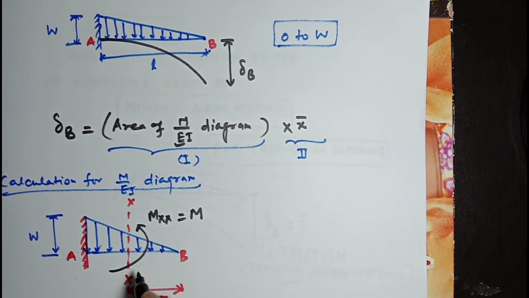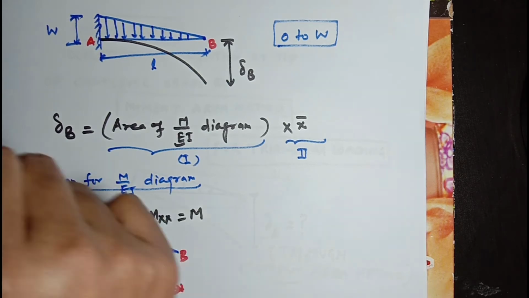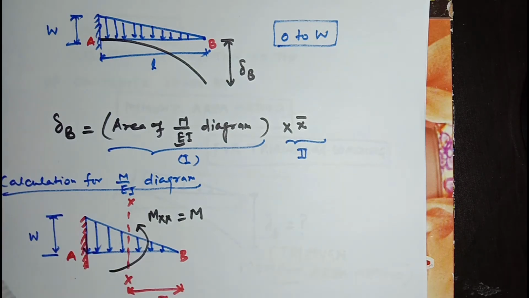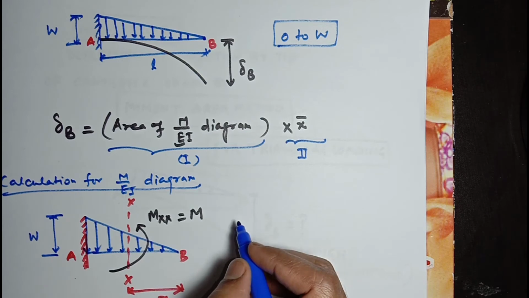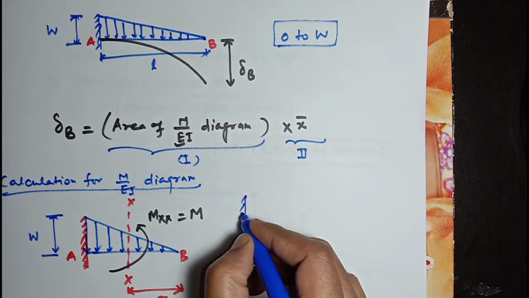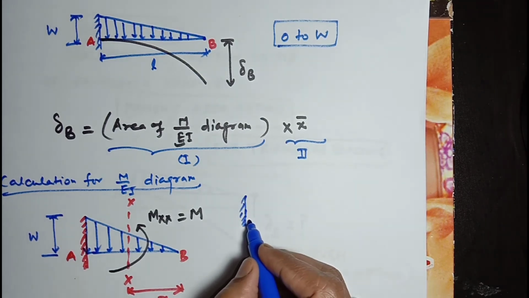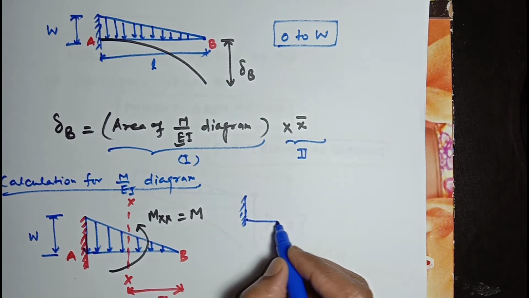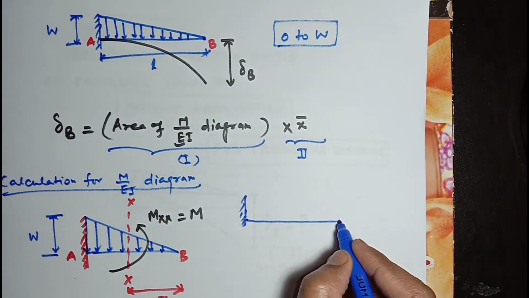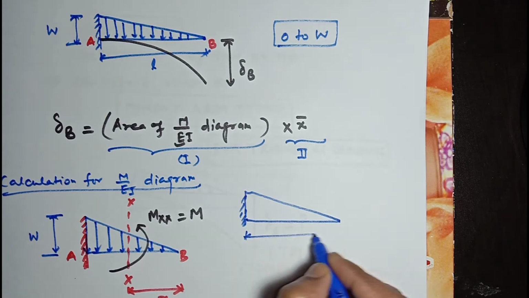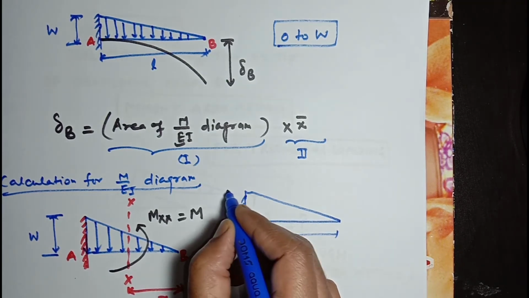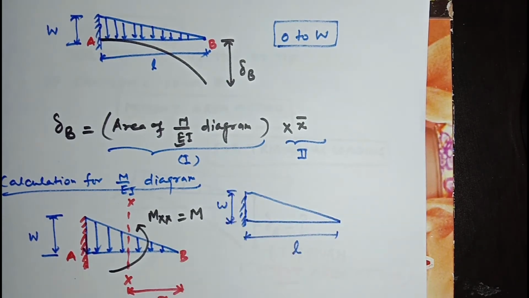You can see, let's do it in a separate part. Take this beam. One part of this beam is here, length is 0 to L, its value is W, and the second part of this beam is up to section XX.